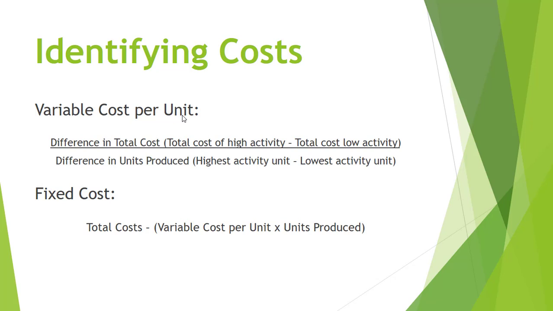So the first method that we're going to look at in this cost, volume, profit analysis is the high-low method. We're looking at ways that we can figure out what our fixed costs are, what our variable costs are, how can we pull these apart. Sometimes they're not super clear, like in the example of a car payment and gasoline, it's pretty easy. We don't have a lot of costs.